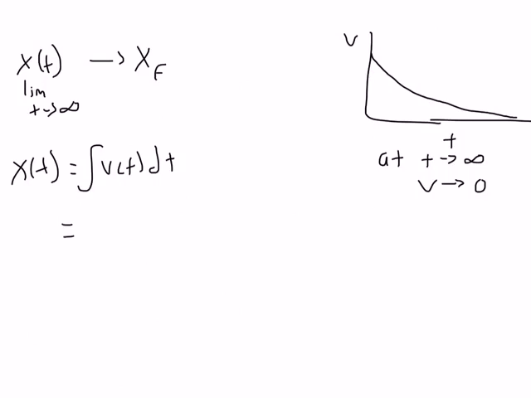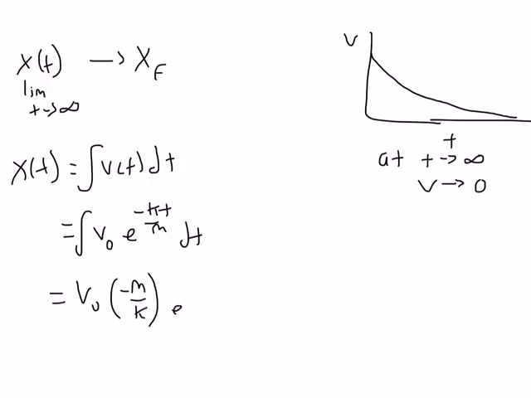Right? So we write that. And this is a pretty easy integral because it's an exponential. Right? So the v naught stays. We get a negative m over k, e to the negative kt over m. Right? And then we have to add the plus c for the constant of integration.